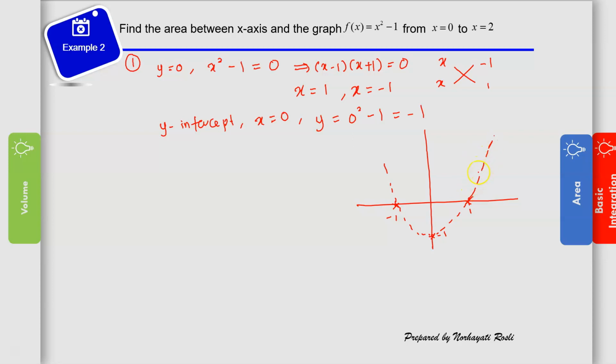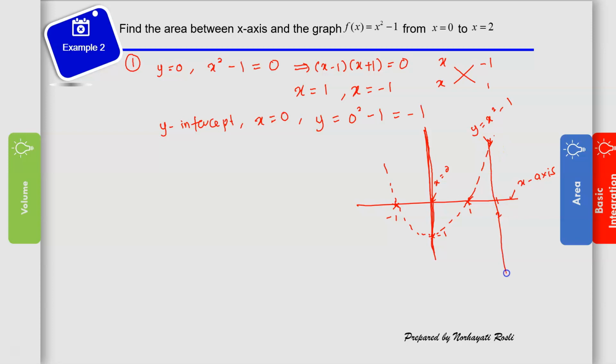And the question asks us to find the area between this x-axis, okay, this one is the x-axis, and the curve of y equal to x squared minus 1, also with x from 0. So x equal to 0 is on this line, and then up to x equal to 2 means somewhere here, for example.